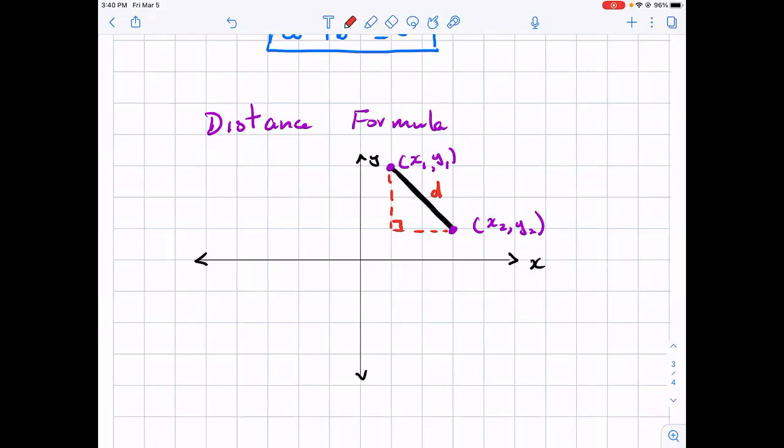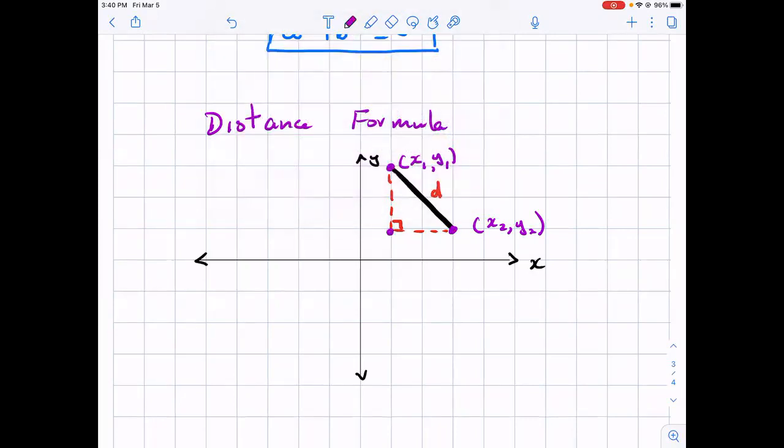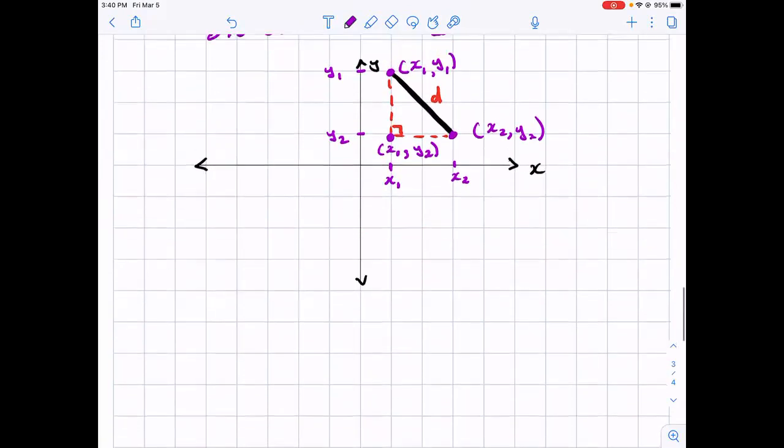So if you notice, this point here is the point x1, because here is x1, and here is x2, and here is y2, and here is y1. So this point here is really the point (x1, y2).